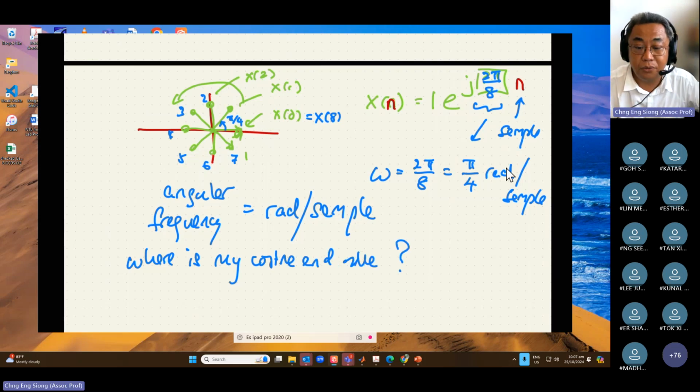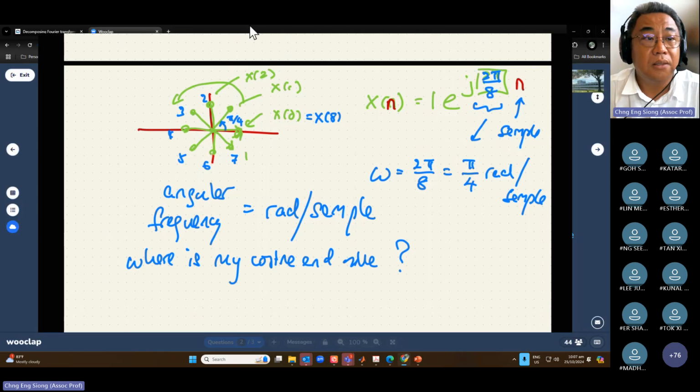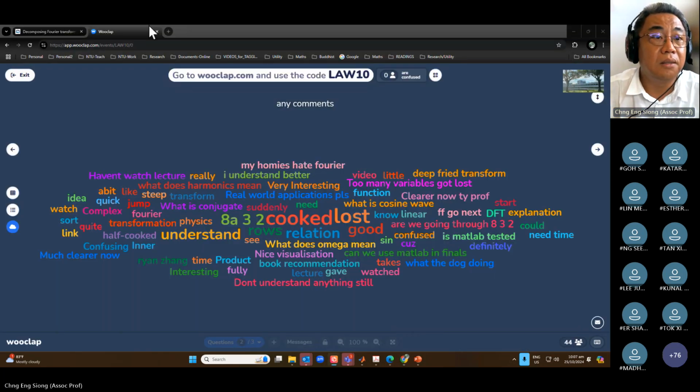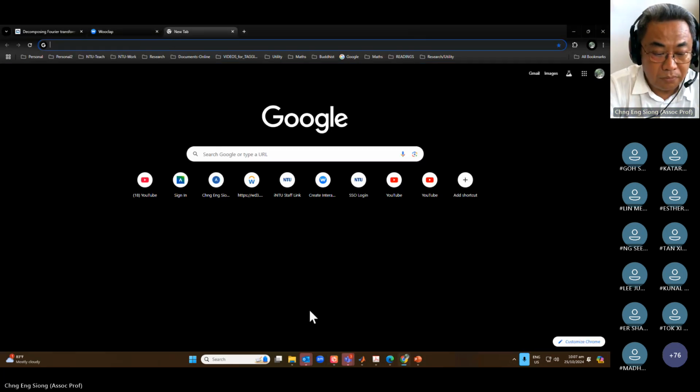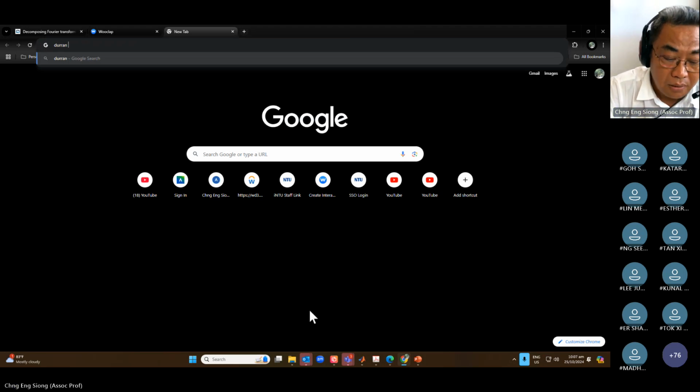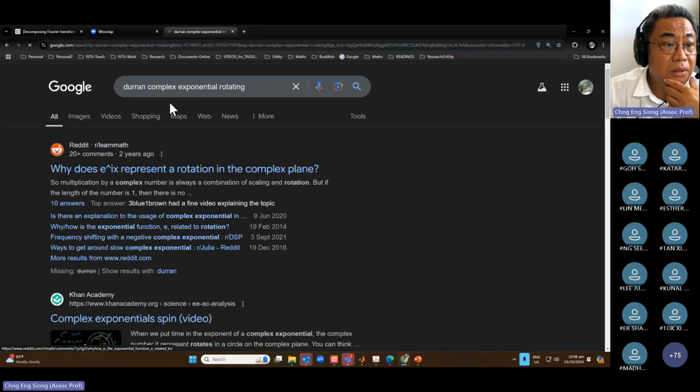How do I view cosine and sine? Okay, let's see. Is it rotating?